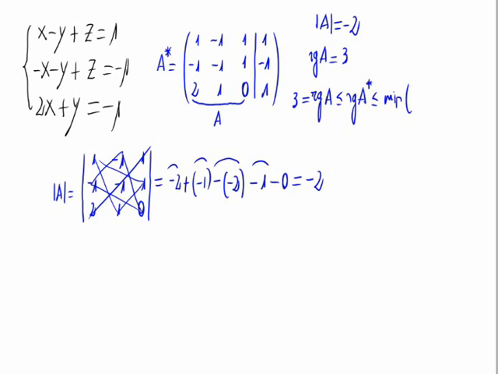That also means that it has rank 3, as the rank of the matrix A is 3. It would be smaller or equal than the rank of the matrix A star, but the rank of A star would also be 3.